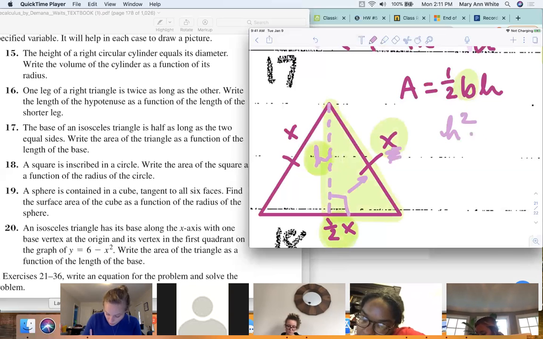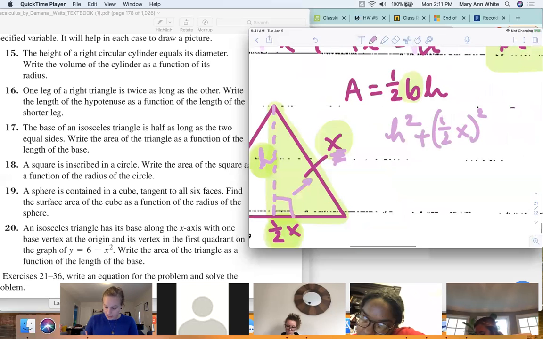So I'm going to do H squared plus 1/2 X squared equals X squared. Again, I have to do this because I need H in terms of X, and it's not in terms of X yet. Now we're just doing algebra.